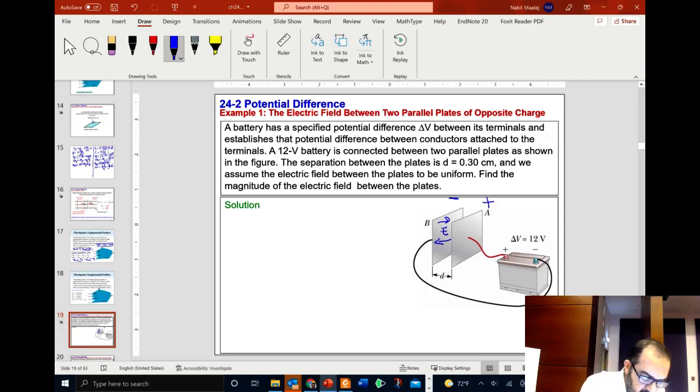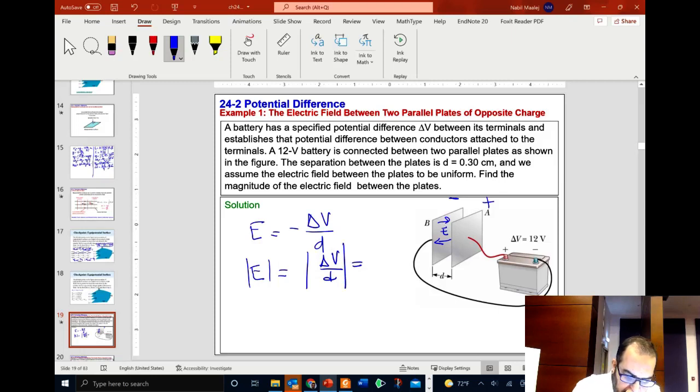Okay, and they asked for the magnitude of the electric field. Now we said for a uniform electric field, the electric field is minus delta V divided by the distance d, and since they are interested only in the magnitude, we can write the magnitude of E is equal to delta V over d.